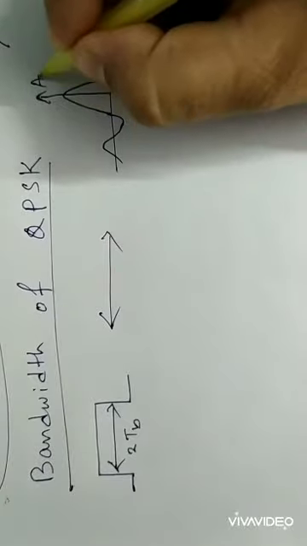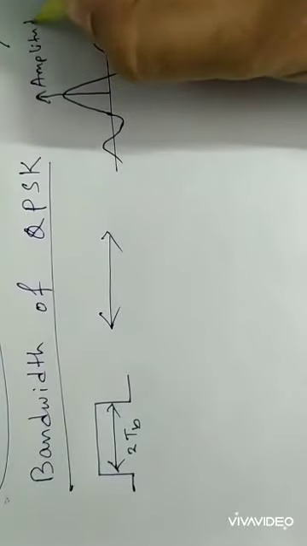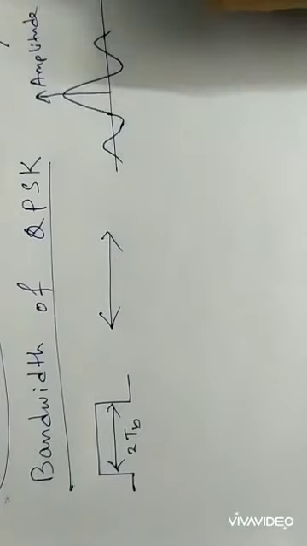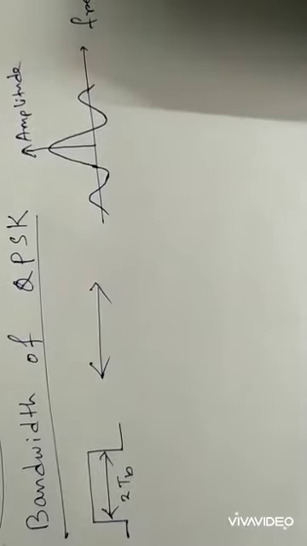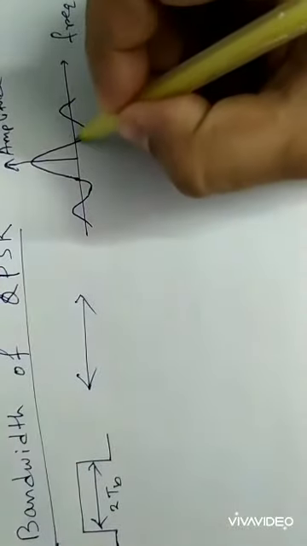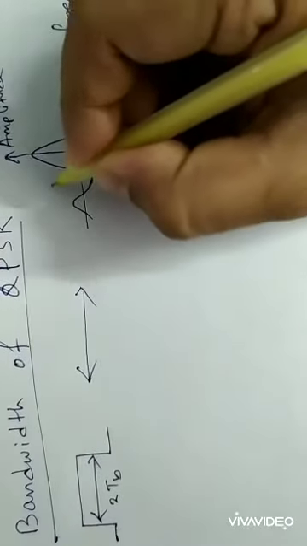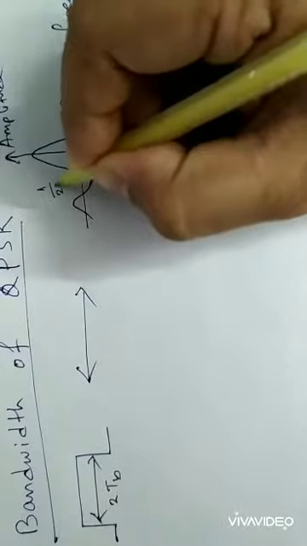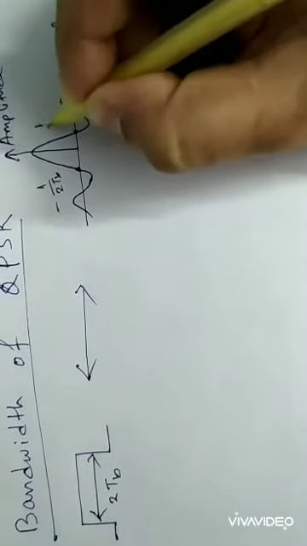This is the amplitude, and here you plot the frequency. This point is 1 by 2 TB, and this is minus 1 by 2 TB.